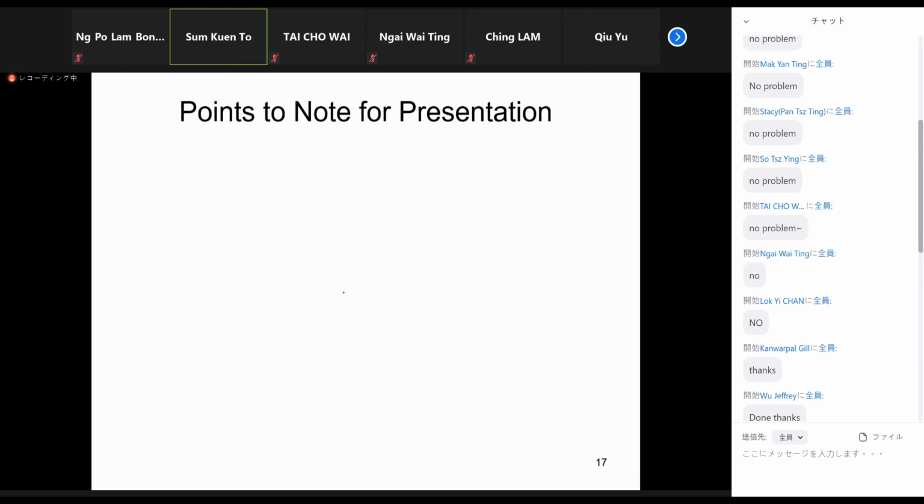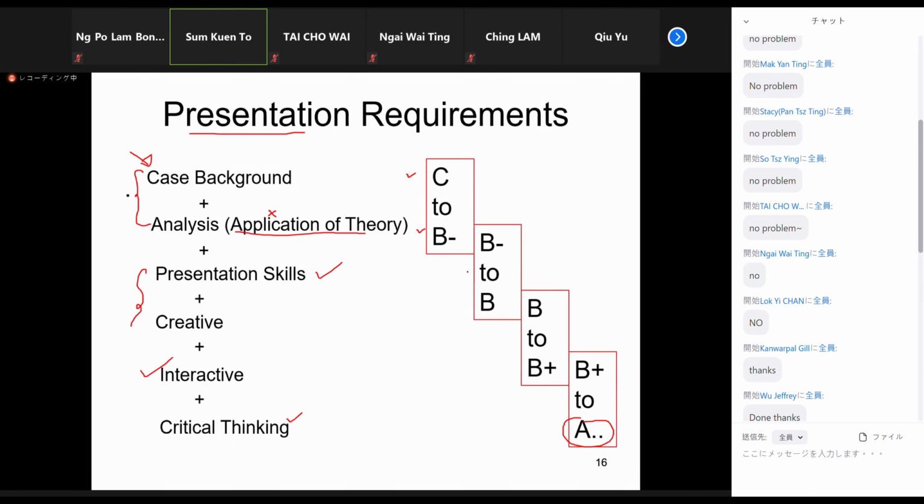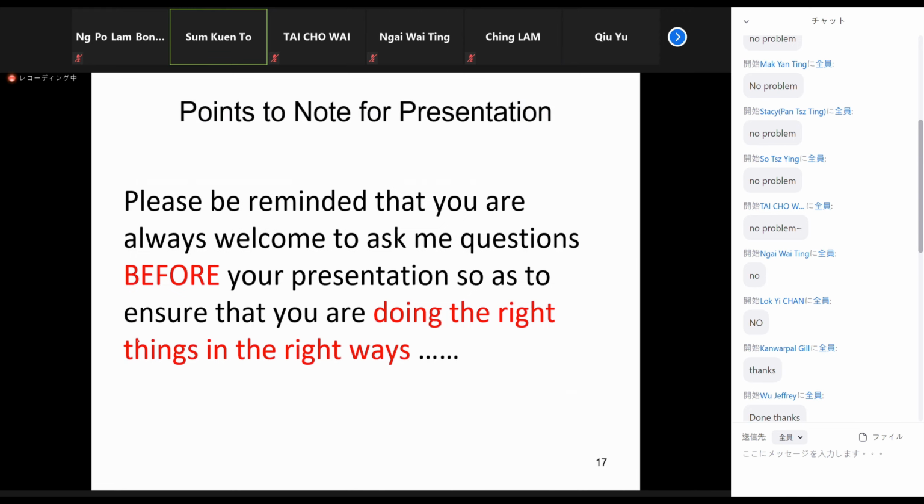Okay, and these are the assessment criteria, covering presentation skills, and what about the critique? Let me move on.